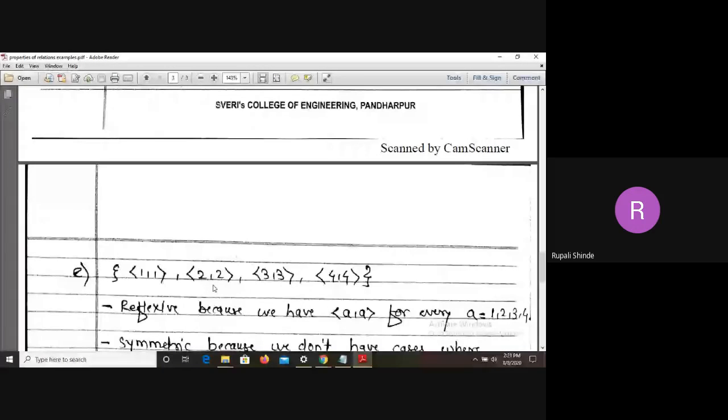But here, if you consider any ordered pair like (1,1), there is no other ordered pair whose first element is 1. That's why we are going to skip all these ordered pairs. If both the ordered pairs are present, then only we are going to check for the result. That's why this one is transitive.